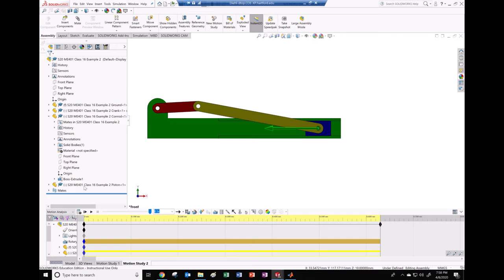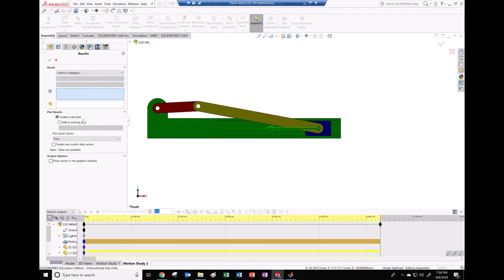So we're going to add to this. We'll do an acceleration analysis. Acceleration. We're going to get linear acceleration, and let's get the x component, and let's put them right here, and let's put a little vector on there.